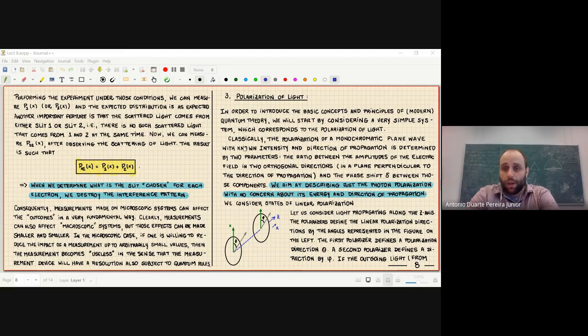Typically, if you want to test if this polarizer is good, you pass light through this polarizer, then place a second polarizer in the same direction, and check if the intensity of light going out is the same as the intensity that you would see here. So this polarizer, in a sense, analyzes if the first polarizer polarized light properly.